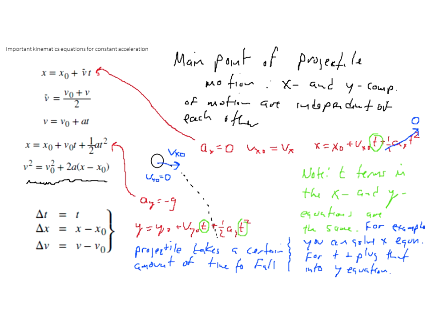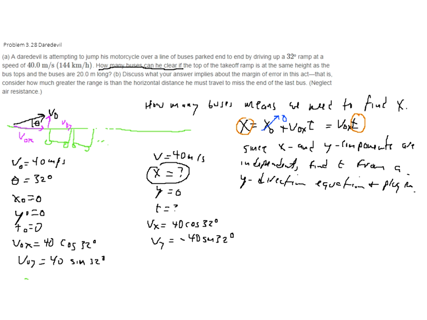So if we go back, so we know Vy initially, we know Vy finally, we know the acceleration in the Y direction, so we can use this equation here to find T. So Vy equals V0y plus AyT.